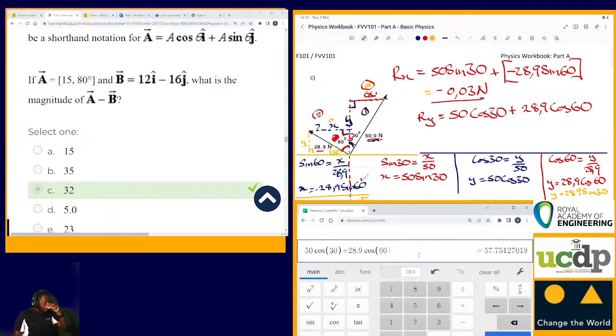I get 57.8. That's in the y direction. Comments, guys. Are you following? Have you understood what we've done there?